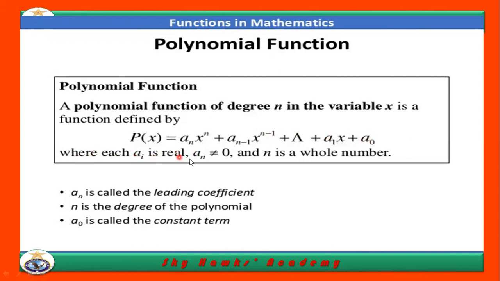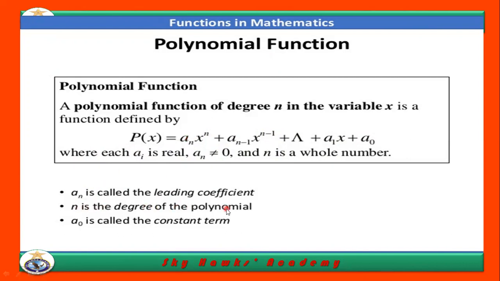Each a is real, a_n must not be equal to 0, and n is a whole number. So a_n is called the leading coefficient, the first one, and that will determine the shape of the curve.